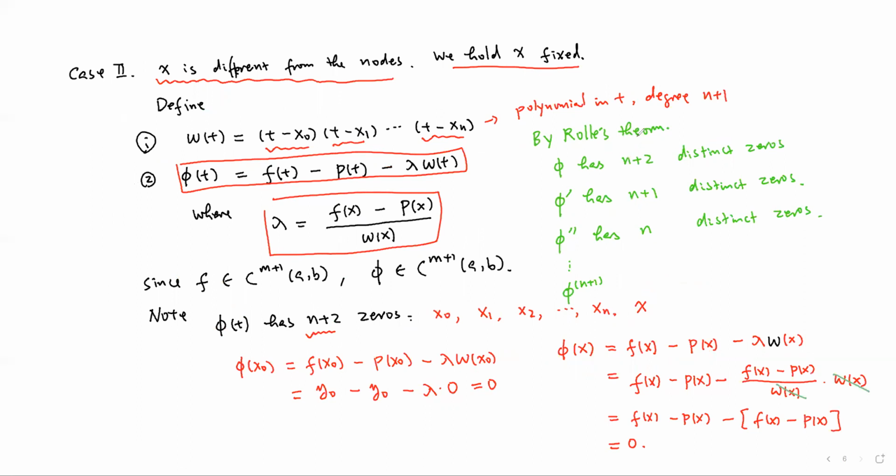Repeat Rolle's theorem many times, then finally the derivative of phi, n plus 1 times, has 1 zero. Let me denote it by psi(x). Yeah, this depends on x.